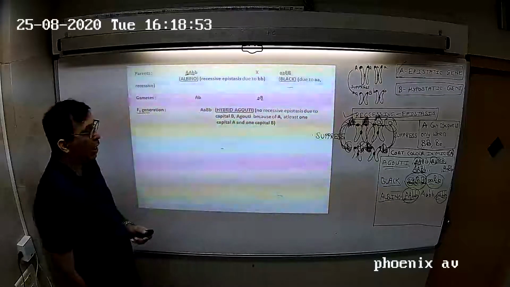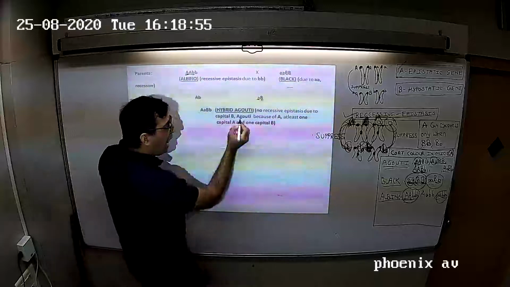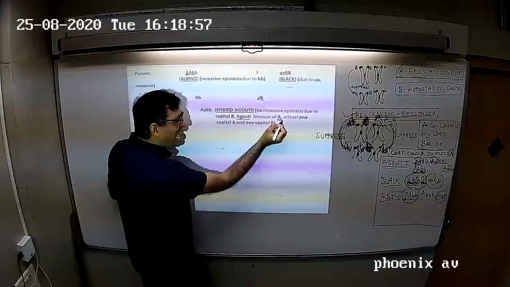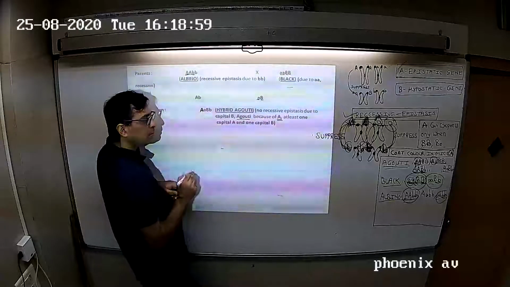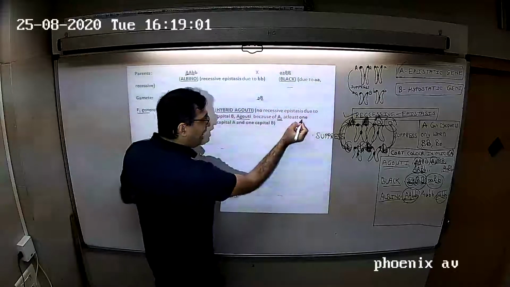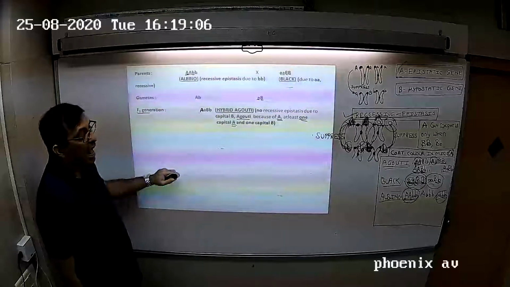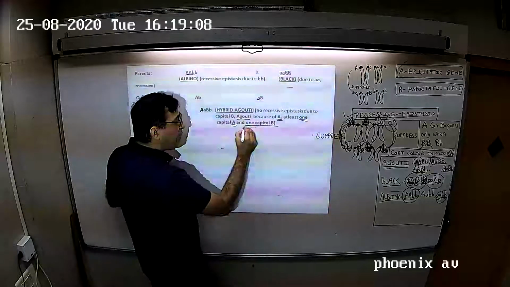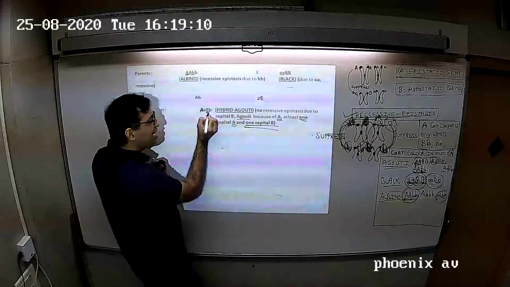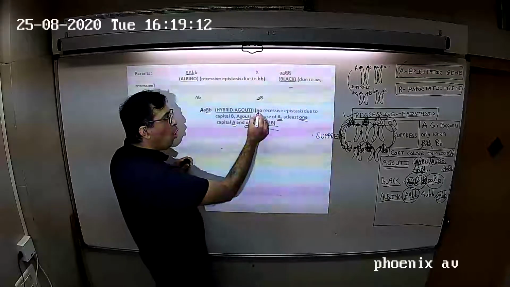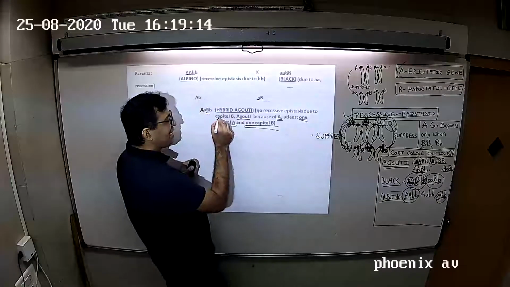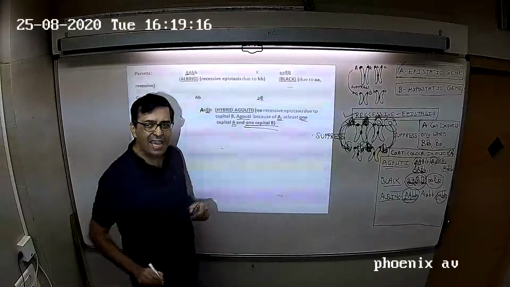Hybrid agouti. Agouti because of capital A, and at least one capital A is present for agouti. And one capital B is present, so no recessive epistasis due to capital B.